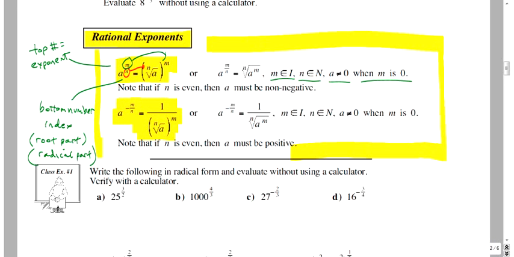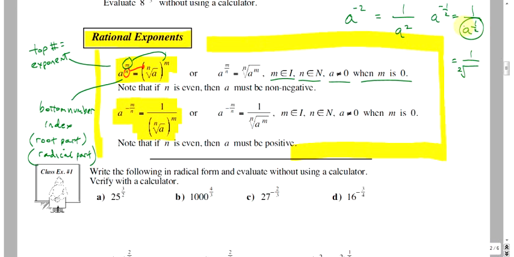Well, remember, just like before, if you have something negative, how do I make that positive? Put 1 over it. And it doesn't matter if that's a fraction, then it's 1 over the fraction. And then if I want to write that as a radical, the bottom part is the root part.